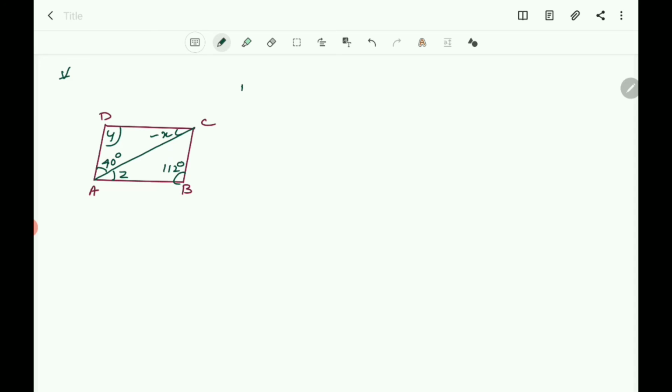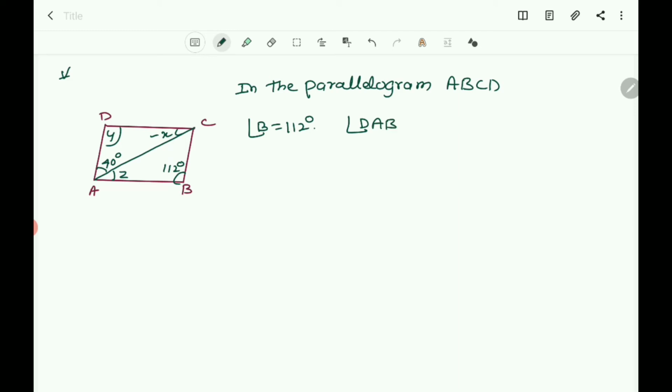So you take the parallelogram ABCD. It is given angle B is equal to 112 degrees and angle DAB, that is DAC, is equal to 40 degrees.